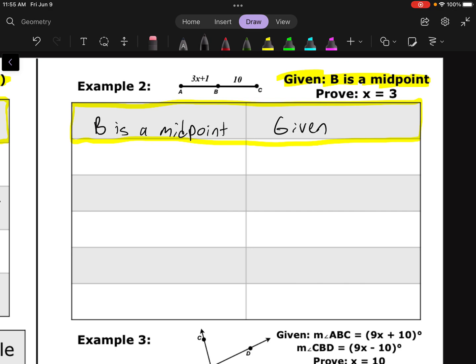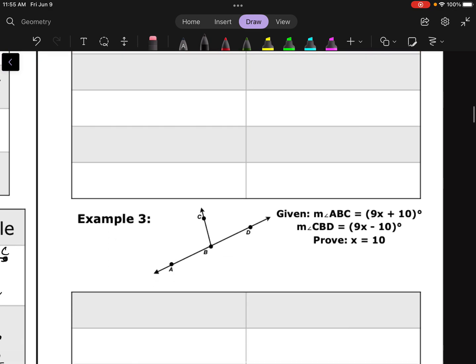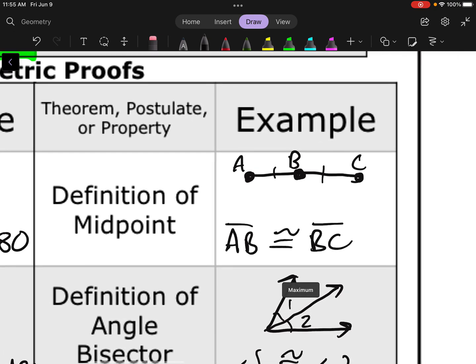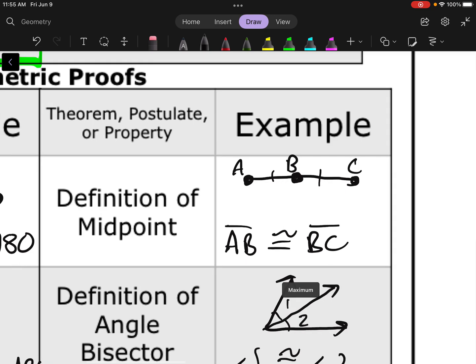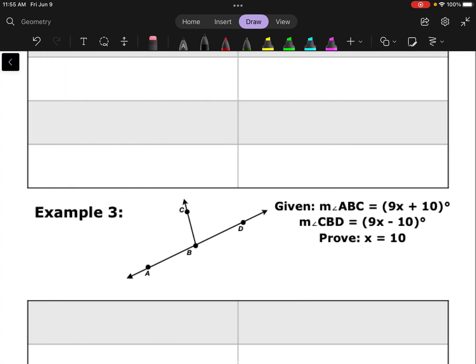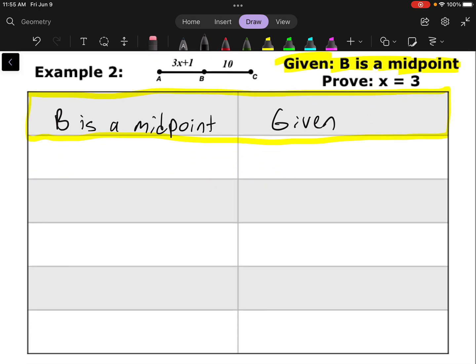Well, according to the definition of a midpoint, that means that those two segments are congruent, right? AB is congruent to BC. And that'll be helpful. So let's jot that down. If that thing's a midpoint, then AB must be congruent to BC. And how do I know that? Because of the definition of a midpoint.